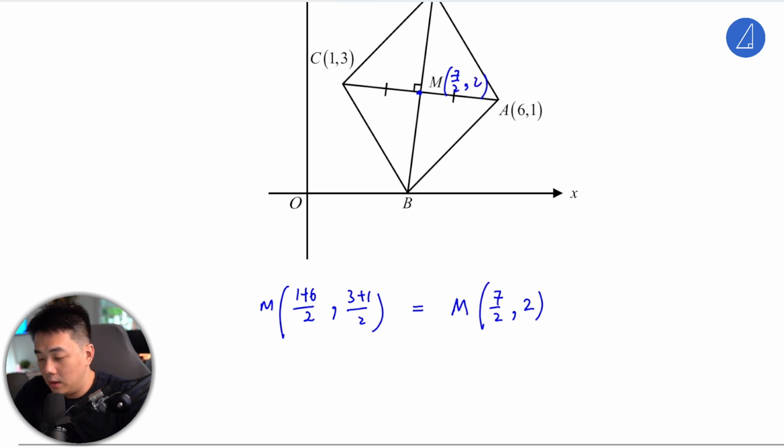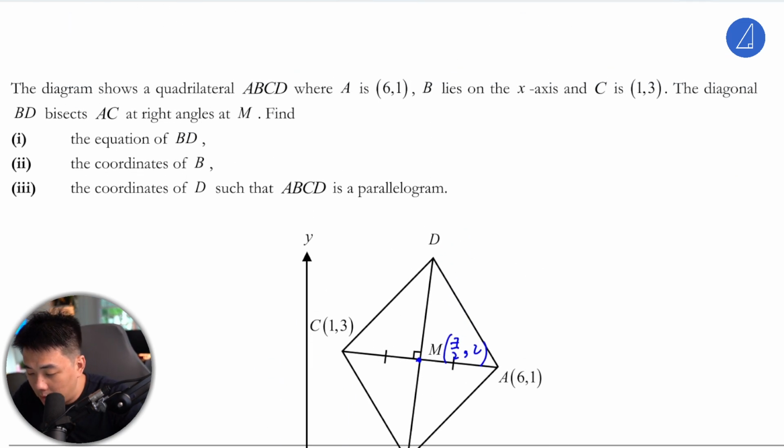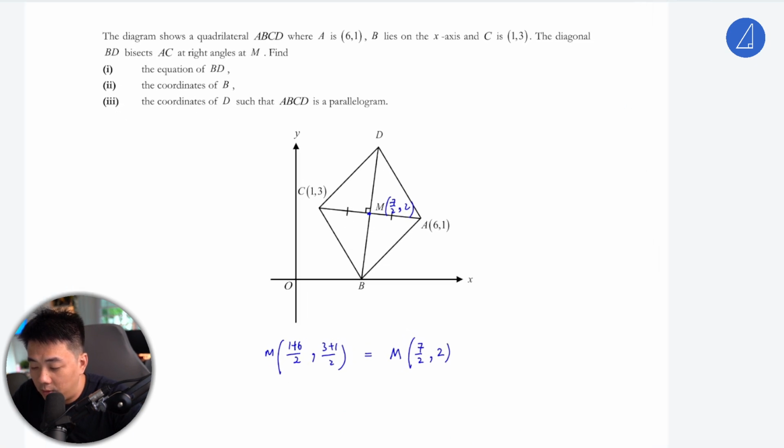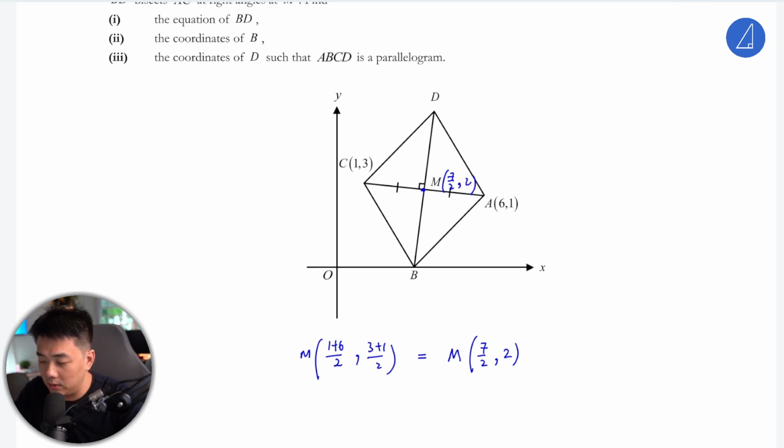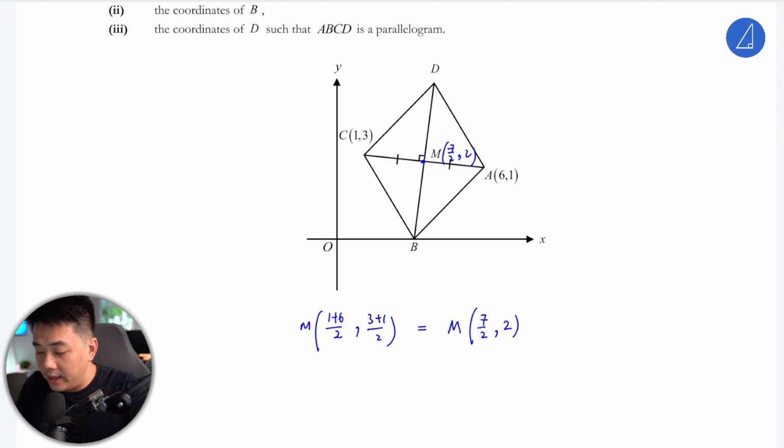Great. Now, once this is done, we are told to find the equation of BD. In order to find the equation of a line, we need the gradient. In this case, we know that the gradient of AC multiplied by the gradient of BD is equal to -1.